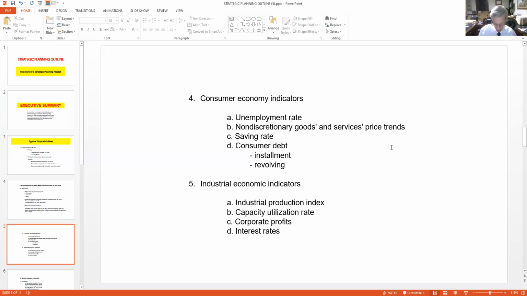The good news is that although these interest rates vary from country to country, they all tend to move pretty much in tandem with the same pattern. So when you get one, you get a pretty good indication of what's happening elsewhere.